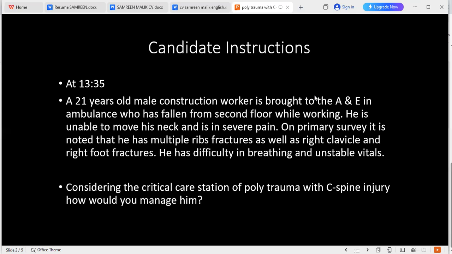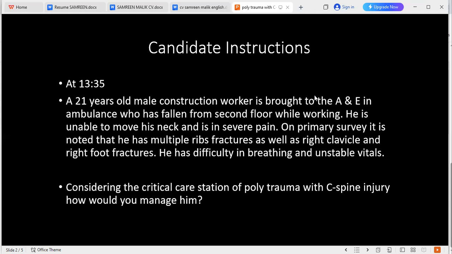Now, considering the scenario, please tell me how would you assess the level of shock which the patient has suffered? The level of shock is assessed by seeing the patient's heart rate, blood pressure, respiration, urine output, also his conscious level, and blood loss.